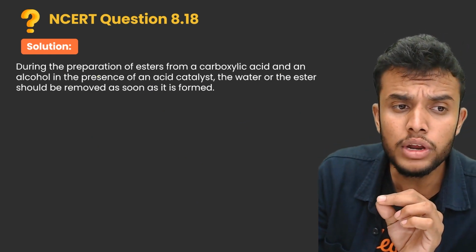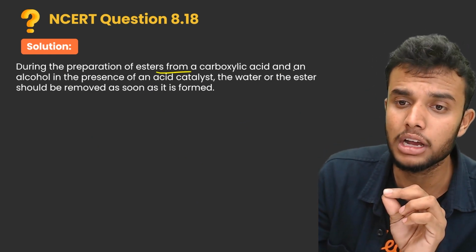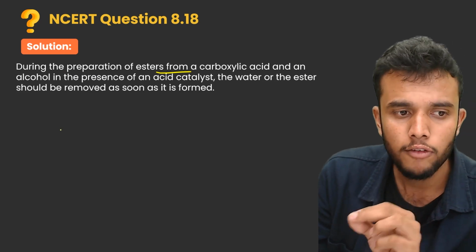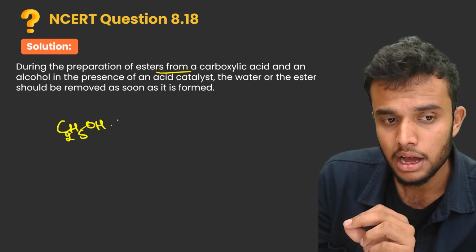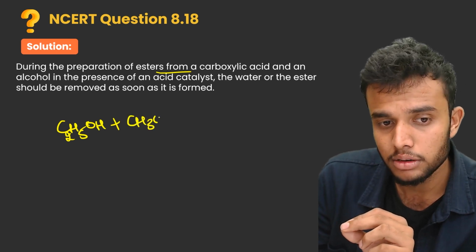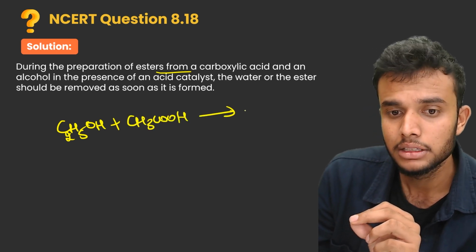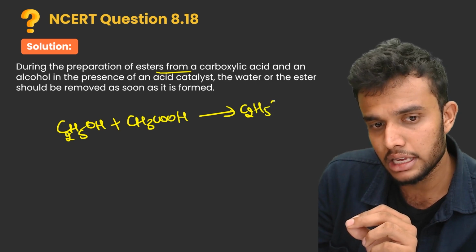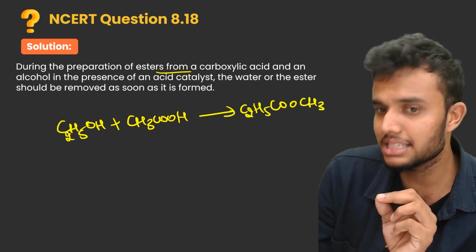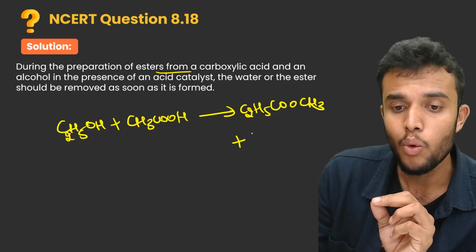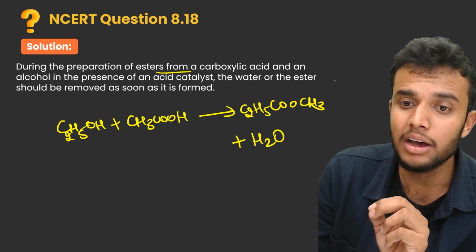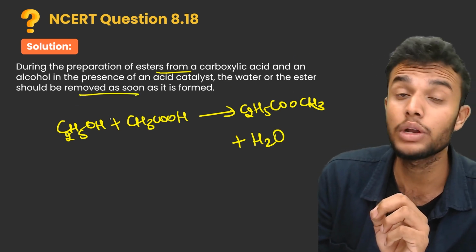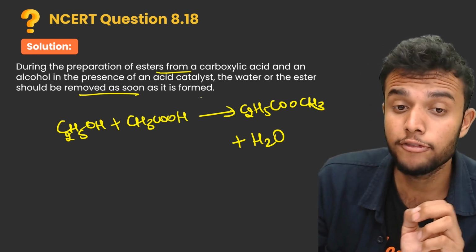The last one is during the preparation of esters from a carboxylic acid and alcohol. For example, any alcohol, ethanol, C2H5OH and CH3COOH yields an ester, right? CH3COOC2H5, ester, and water. In the presence of an acid catalyst, the water or the ester should be removed as soon as it is formed. Why?